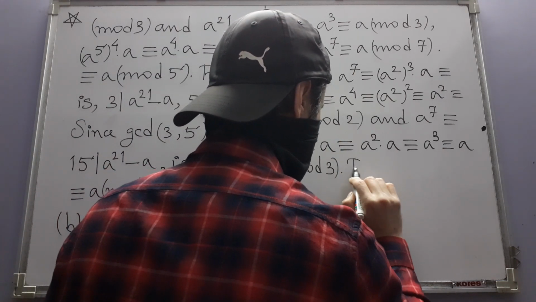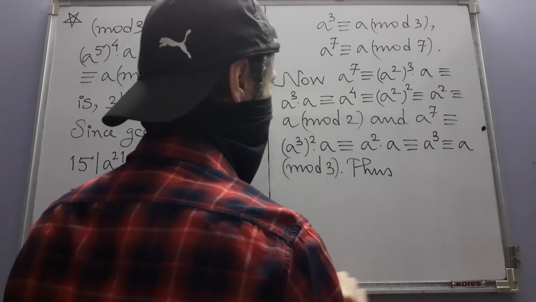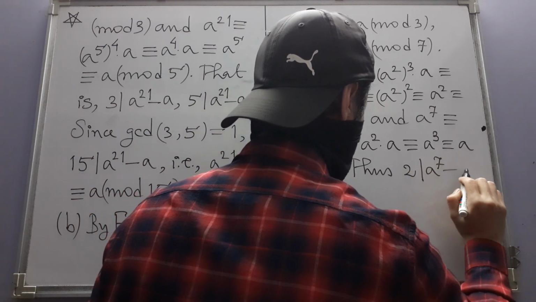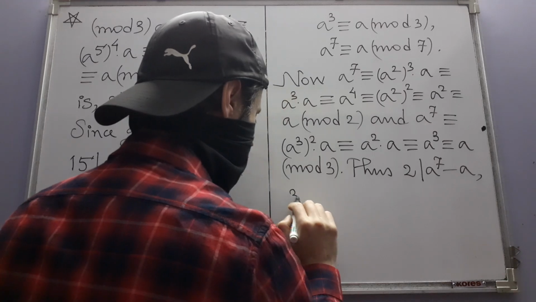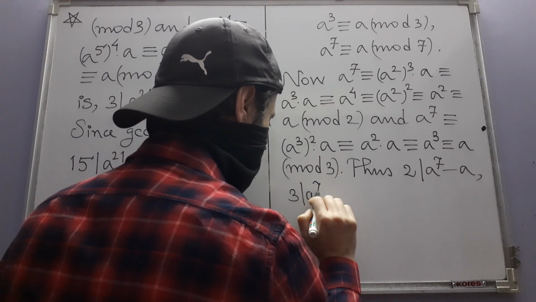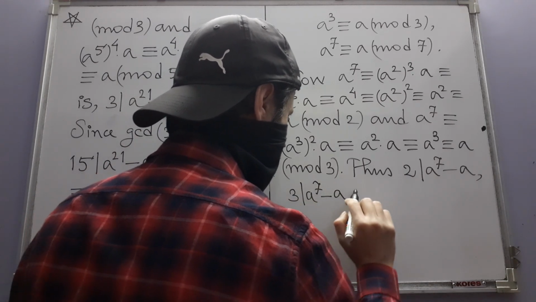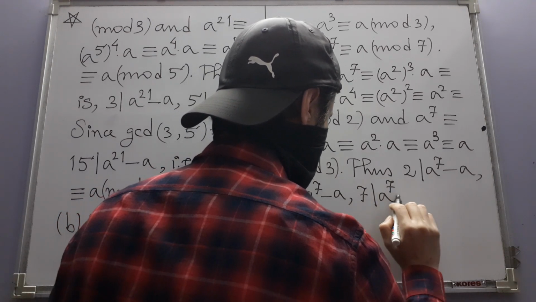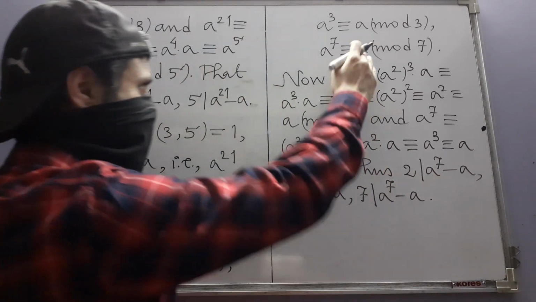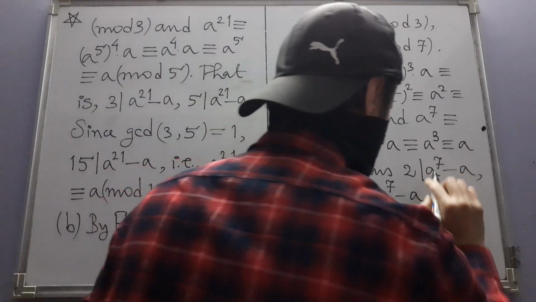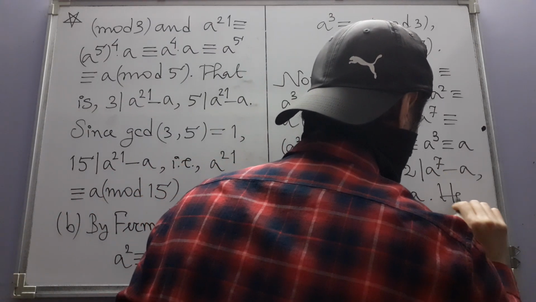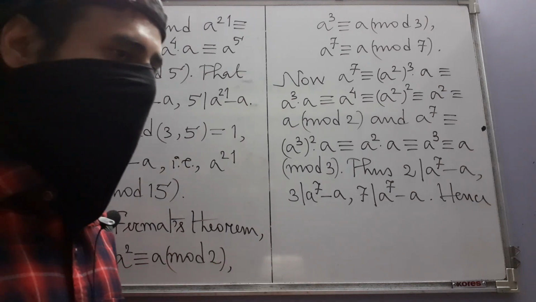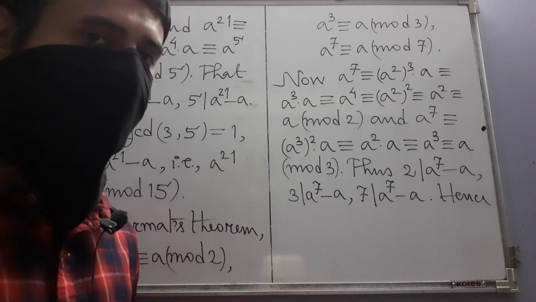Thus 2 divides a to the power 7 minus a. 3 also divides that number, and 7 already divides it, that we saw here itself. Hence, this time we are not even mentioning that 2, 3 and 7 are pairwise relatively prime, because they are.